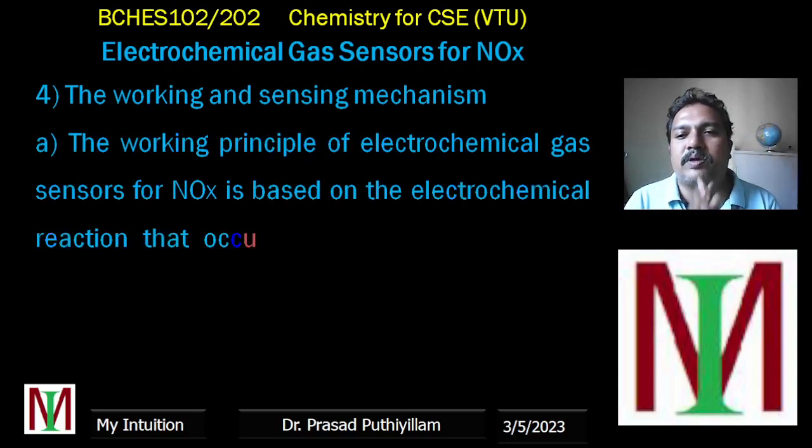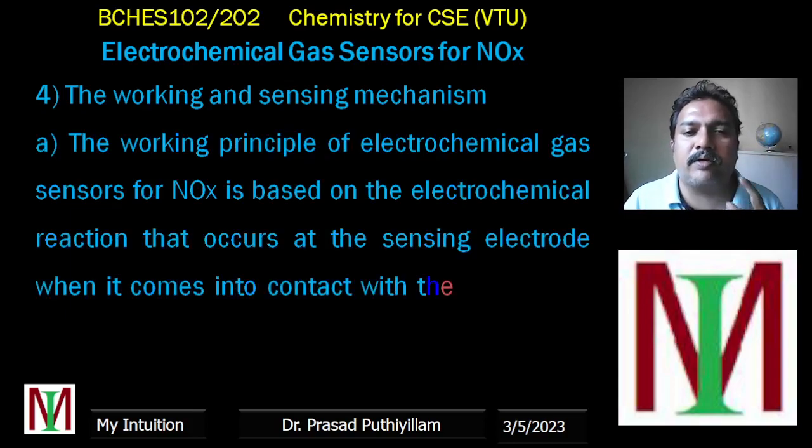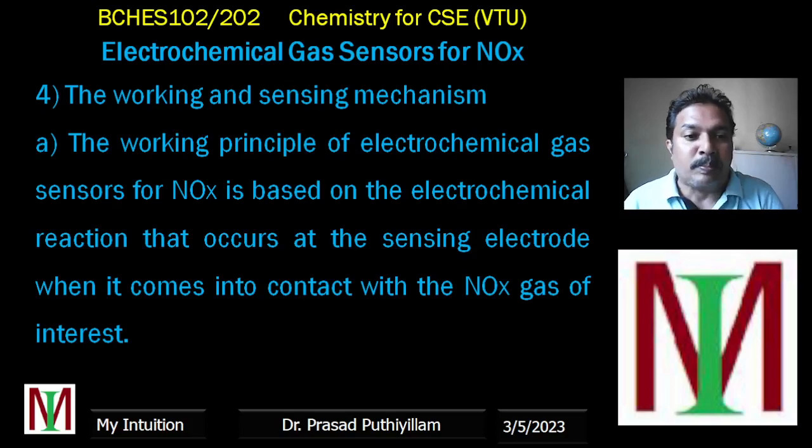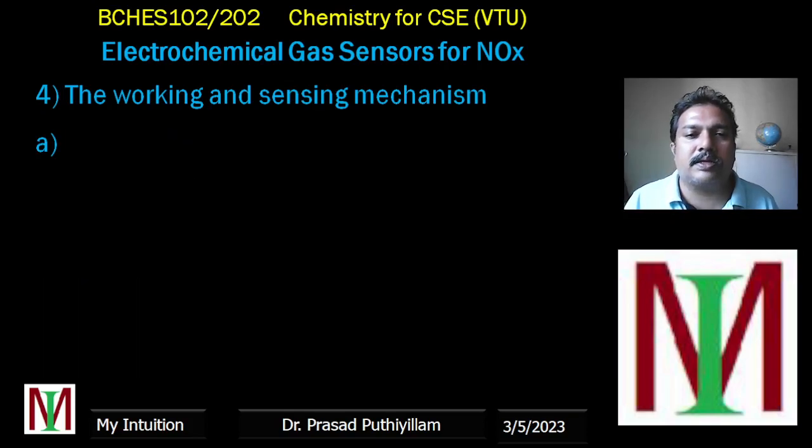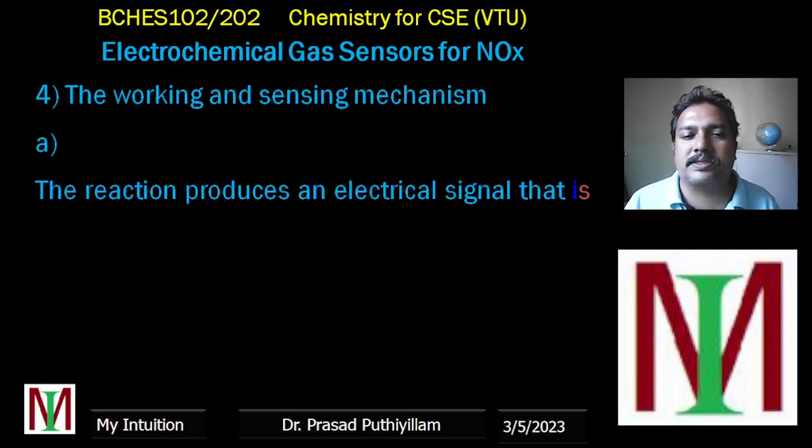The working principle of an electrochemical gas sensor for NOx is based on the electrochemical reaction that occurs at the sensing electrode when it comes into contact with the NOx gas of interest. That means the NOx, either NO2 or NO, should come and sit on that sensing material, then only the reaction takes place and we get the result.